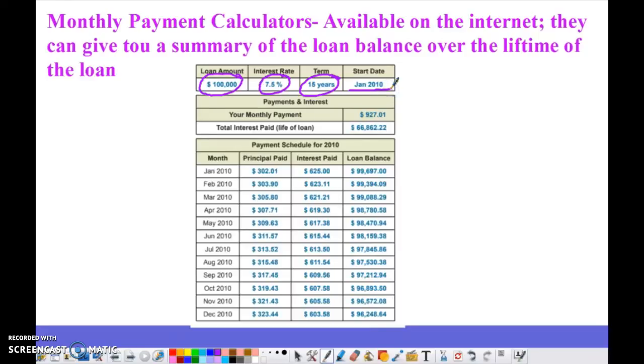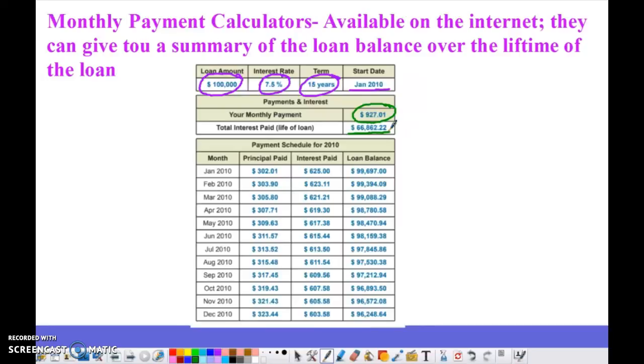It says that my monthly payments, which we learned how to calculate last lesson, are $927.01. It says my total interest paid over the life of my loan is $66,862.22.